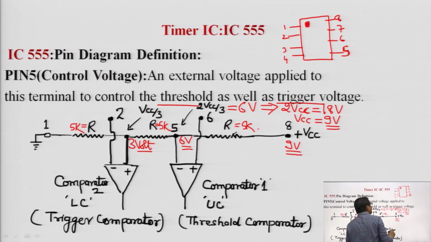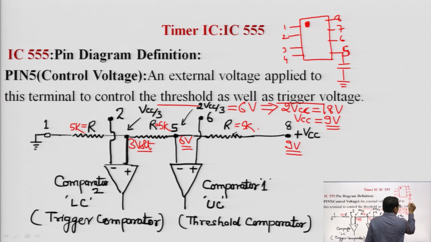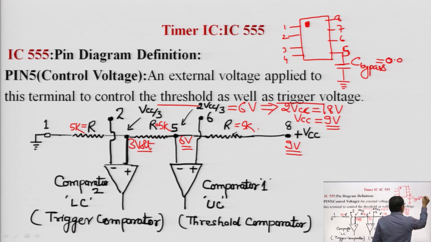If pin number 5 is not in use, we don't leave it floating. It can be connected to a bypass capacitor, and the value of this bypass capacitor is generally taken as 0.01 microfarad.